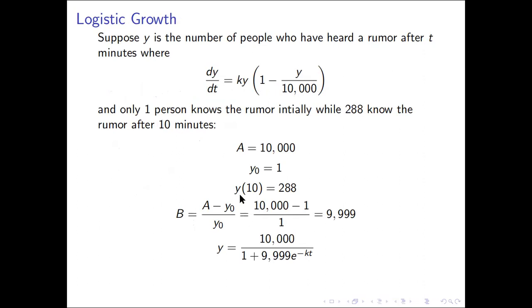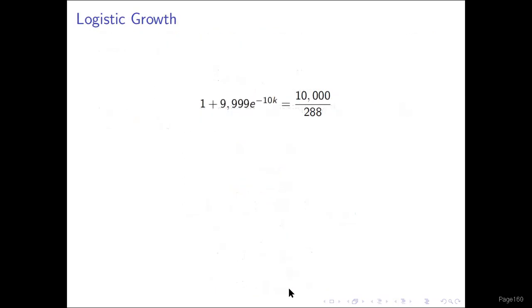But we are given y at 10 equals 288. So we use that to solve for k: when t is 10, y is 288. So we substitute those values and solve for k. So we get this equation, which we can rewrite as follows.